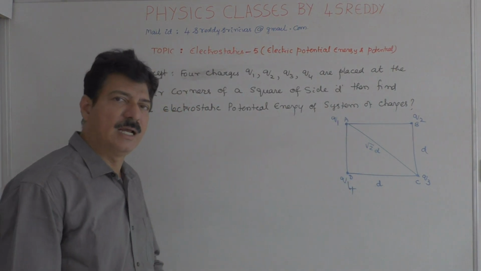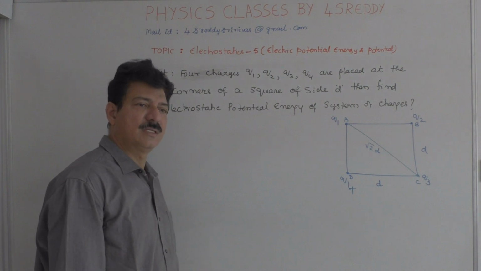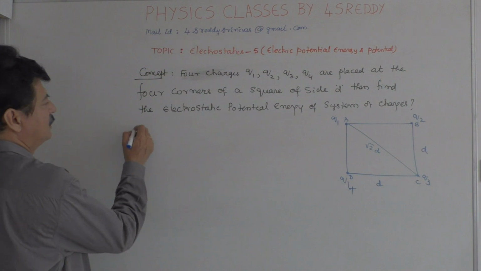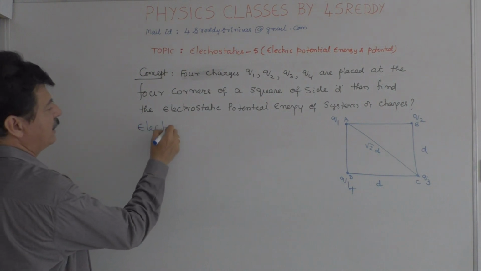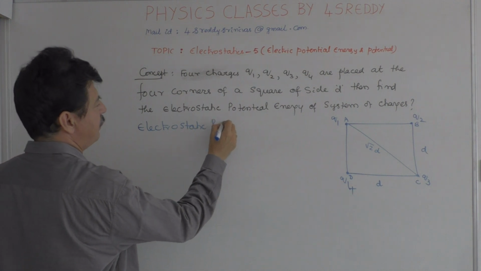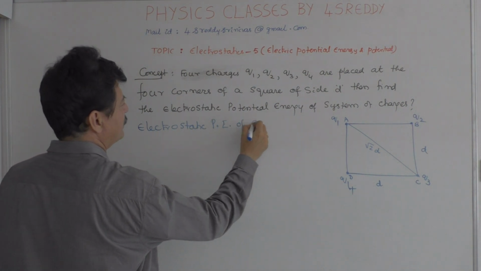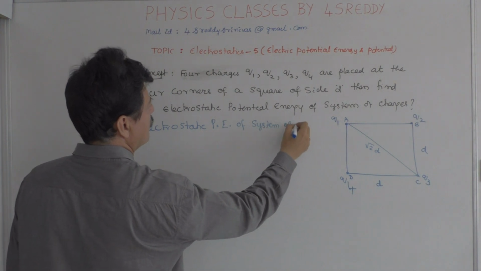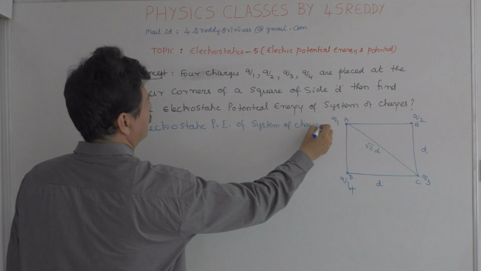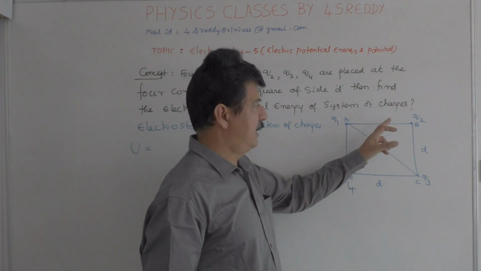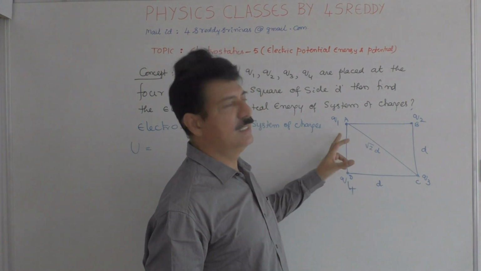If you are going to calculate the potential for the system of charges, then what are you going to get here? Therefore, electrostatic potential energy of system of charges. Here, it is the interaction energy between AB, BC, CD, DA.